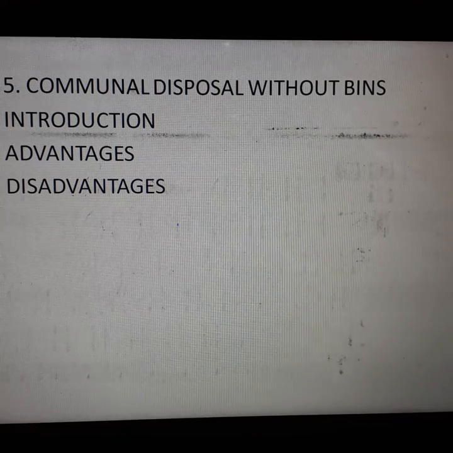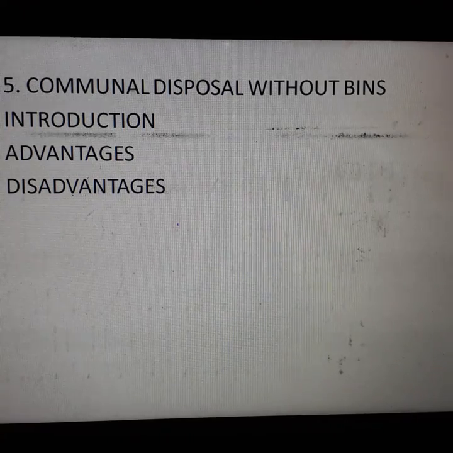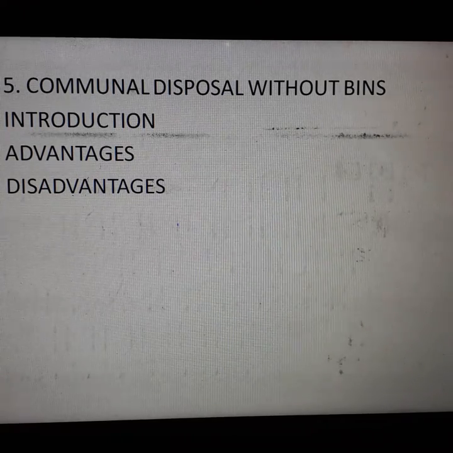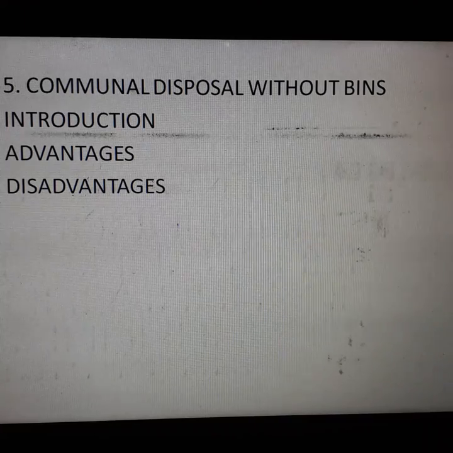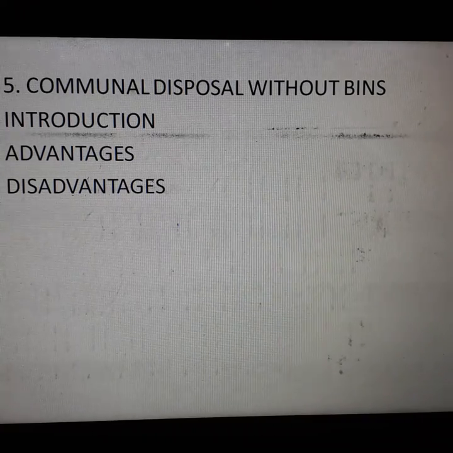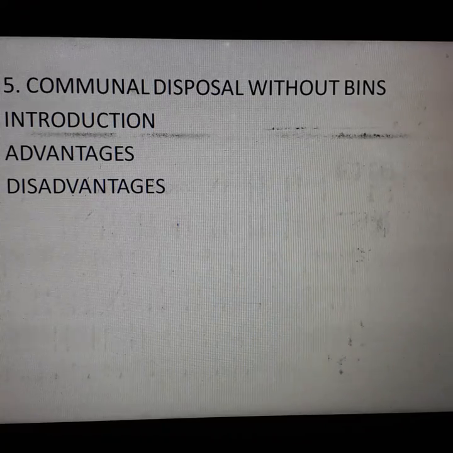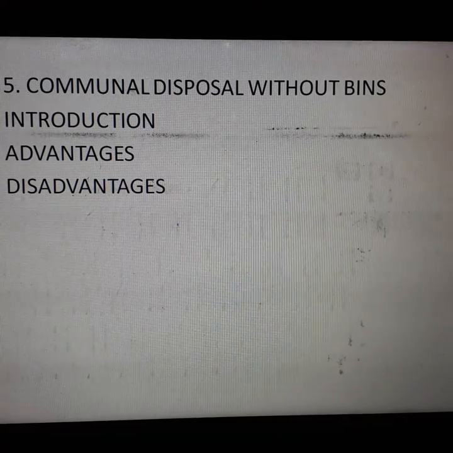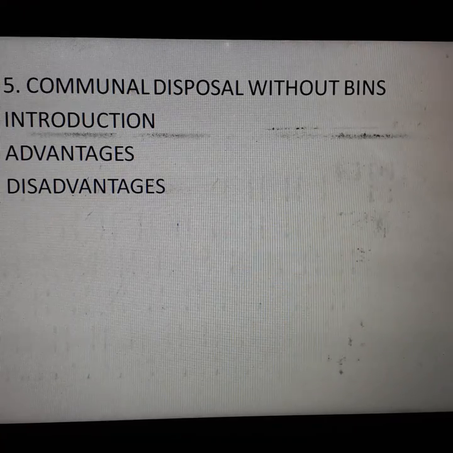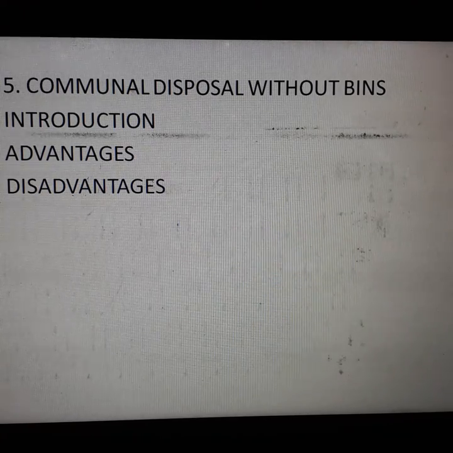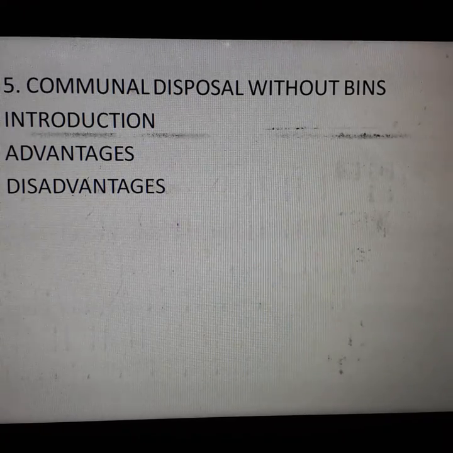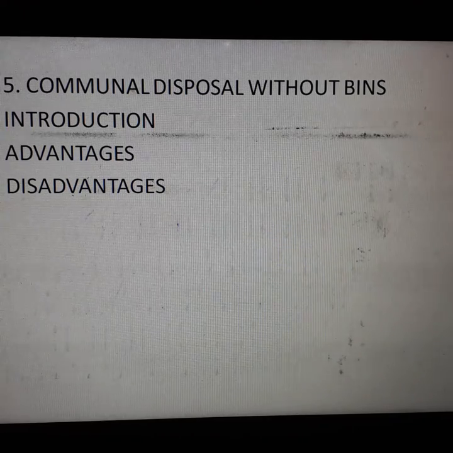This can only work if cleaners are employed to regularly sweep around market stalls, gather waste together and transport it to a proper off-site disposal site.